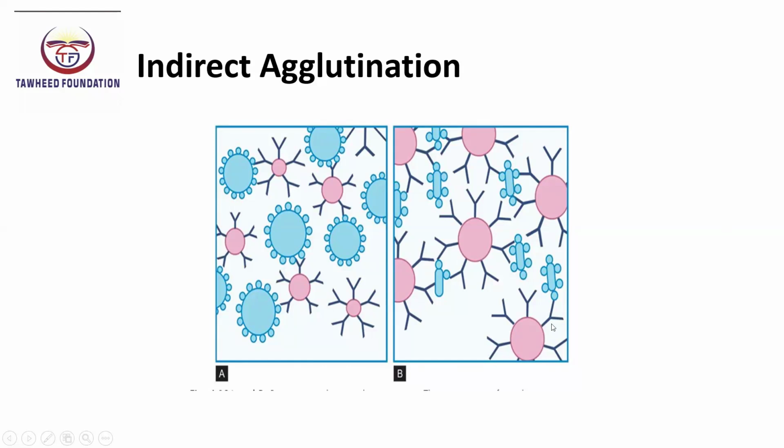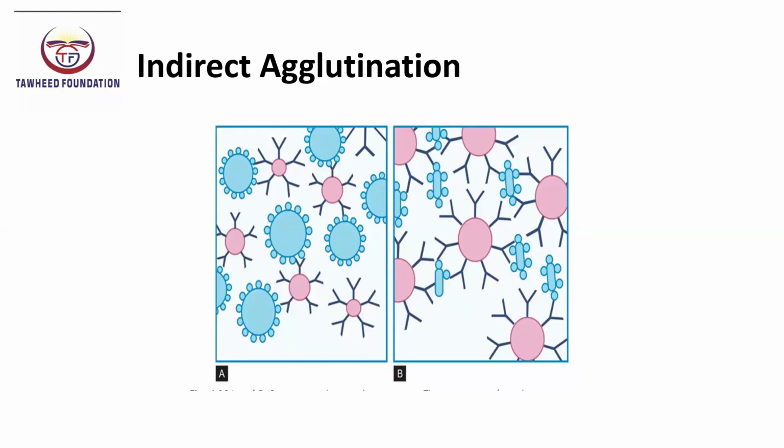In both cases, instead of using whole bacterial cells or red blood cells as natural antigens, we artificially attach antigens or antibodies to inert carrier particles like latex beads, charcoal particles or bentonite. These tiny particles act as visible platforms to display antigens or antibodies and make the reaction easier to see.